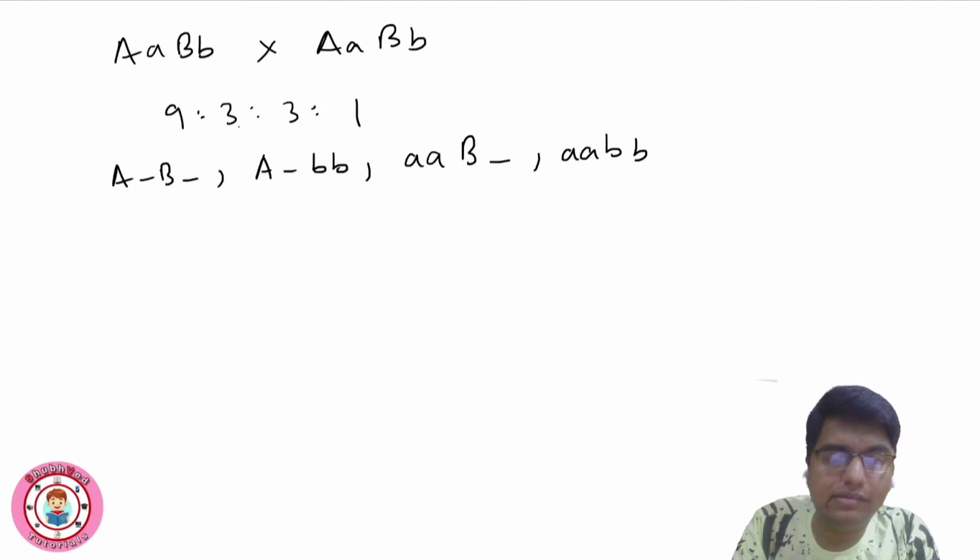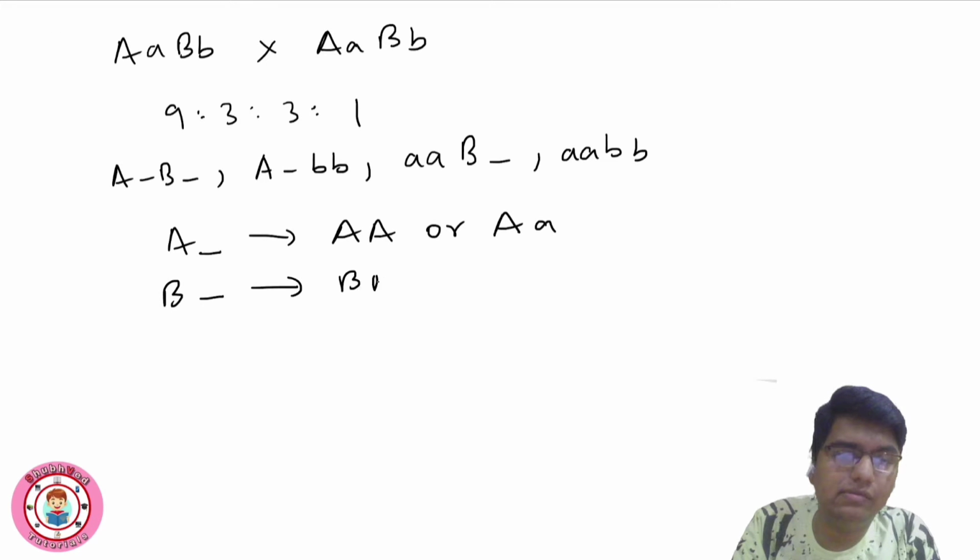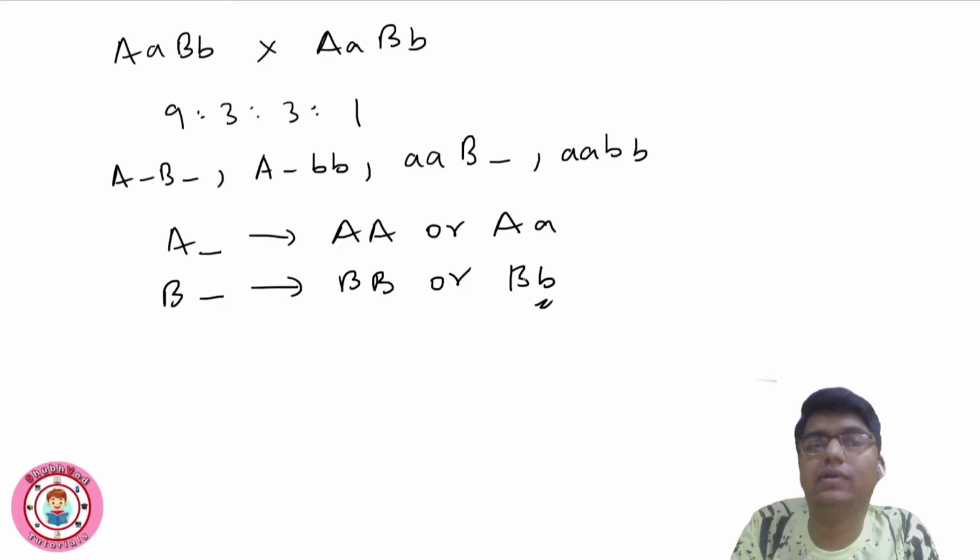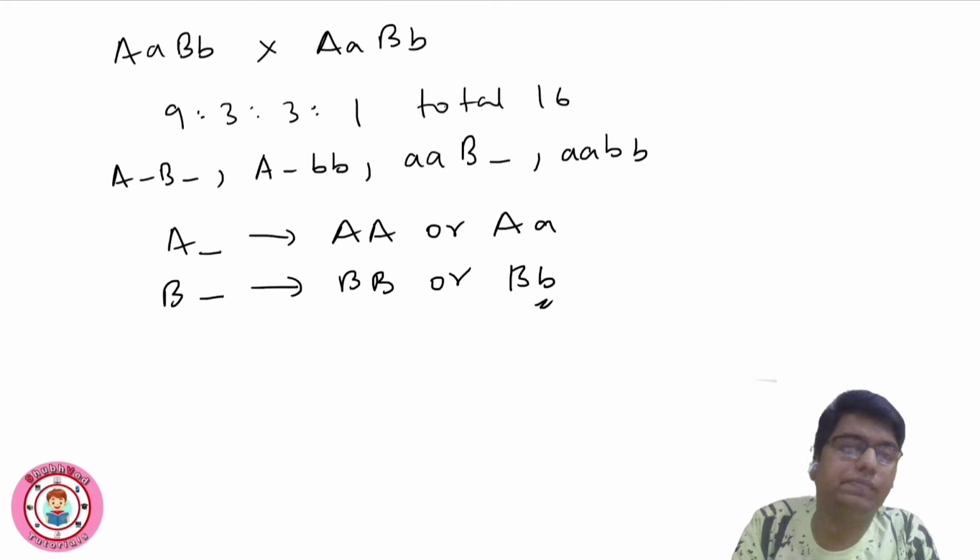A dash means it will be either AA or Aa, as well as B dash is either homozygous or heterozygous. So 9 out of 16. We know total 16 are there. So these are the ratios.